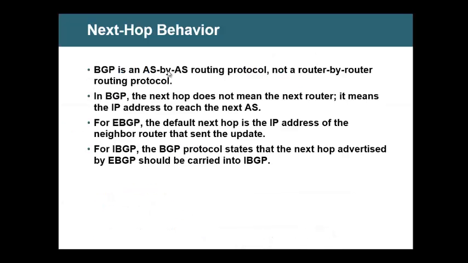It is not a router by router routing protocol. So, the next hop does not mean the next hop router's address. It means the address to reach the next autonomous system. We reach the next autonomous system using loopback. So the loopback address will be seen as the next hop. It won't be the real physical interface address or the next immediate router's address. Whatever address that you use to identify the neighbor.